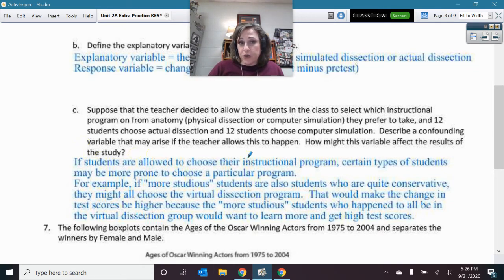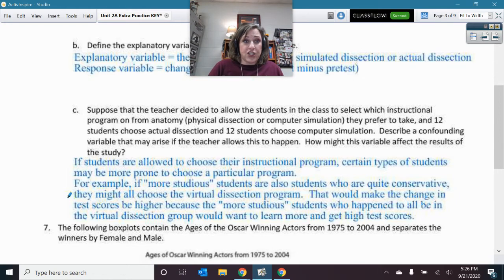If students were allowed to choose their instructional program, then certain types of students might be more prone to choose a particular program type. Okay, for example, if more studious students are also students who are conservative, they might all choose the virtual dissection program.